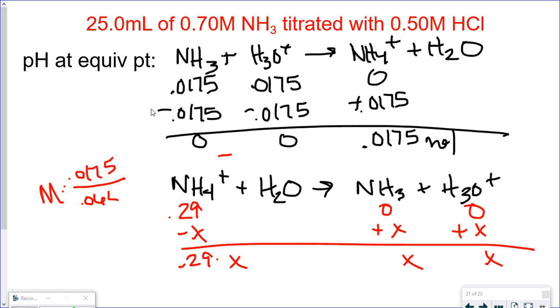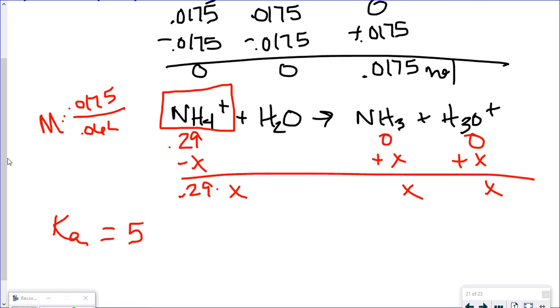So whenever we plug this in, because we have ammonium and H+, we will be using the Ka value. So the Ka value we had found in the previous problem to plug into Henderson-Hasselbalch, let me scroll down so you can see, is 5.7 times 10 to the negative 10th. That's going to be equal to x squared over the 0.29, because we can ignore x.